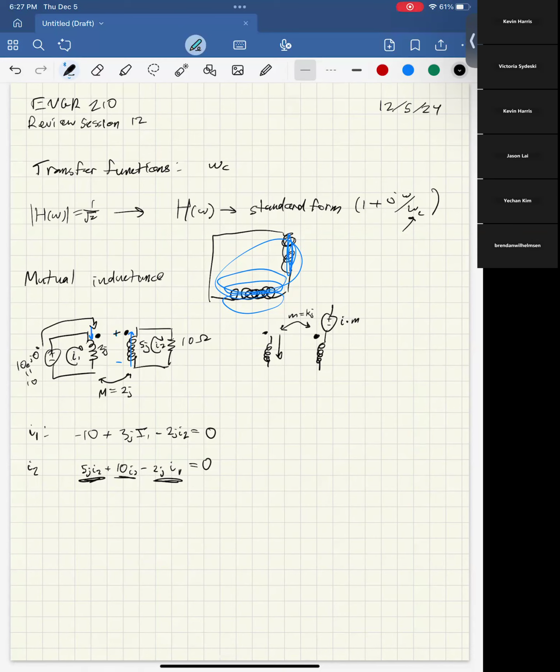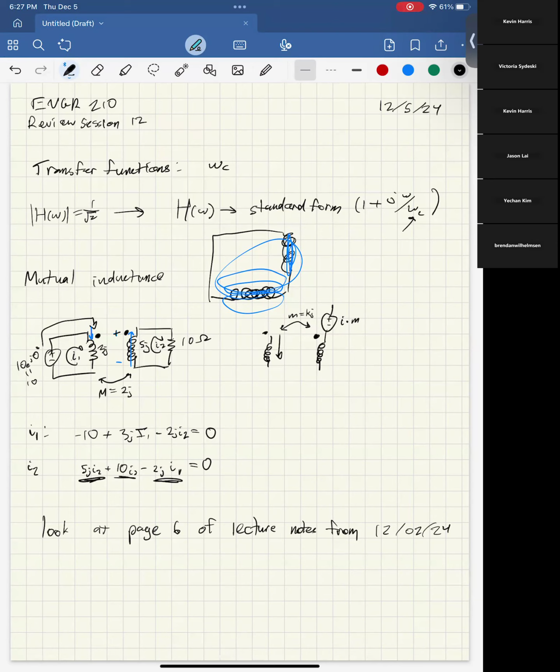If you're curious, I'll just write this down here: look at page 6 of lecture notes from 12/02/24. You can find those all in Canvas under the files section.